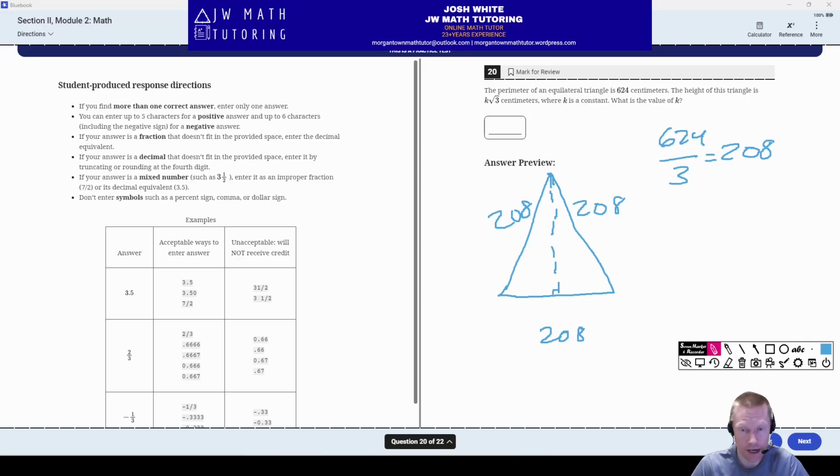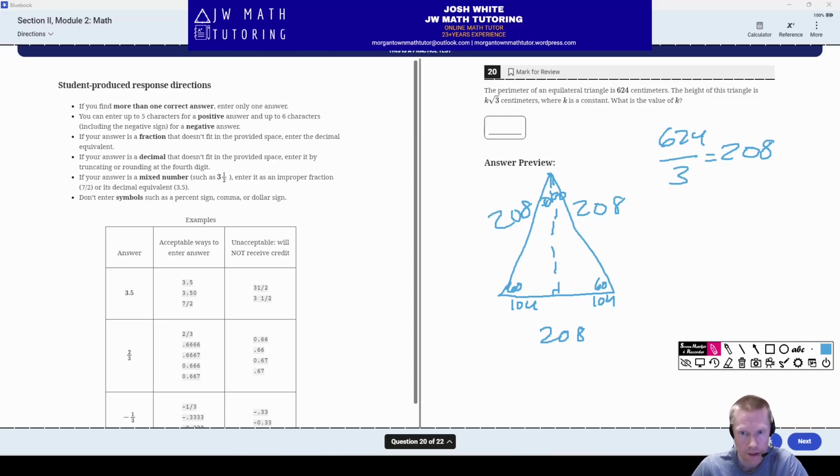So if you drop the height down, okay, this is a 60. It's equilateral. This is 60. It's going to split it into two 30, 60, 90s. And specifically, this 208 is going to be split up into 104 and 104 because you basically have two congruent triangles on either side.